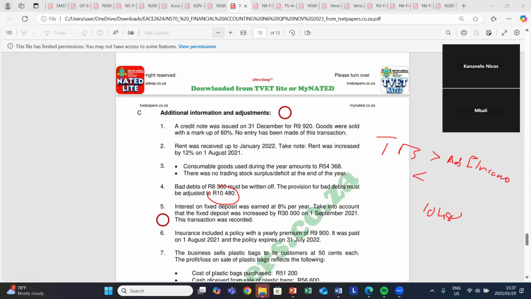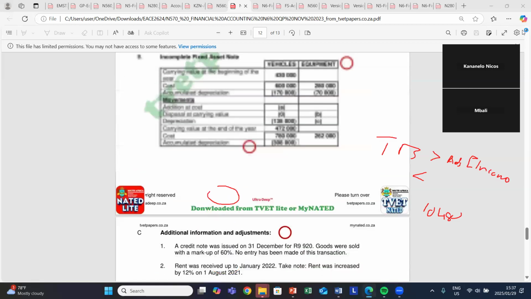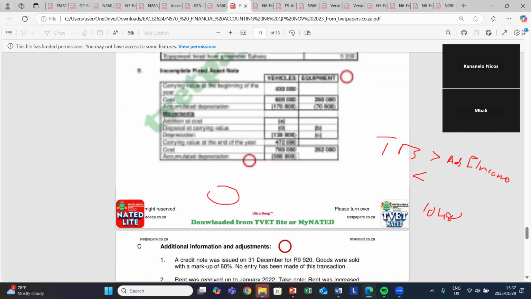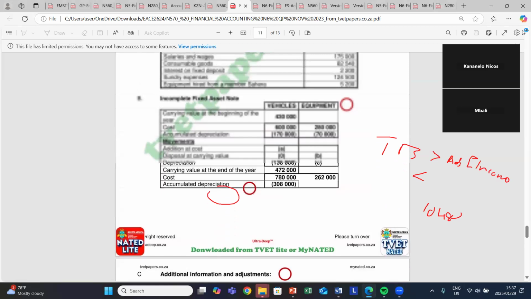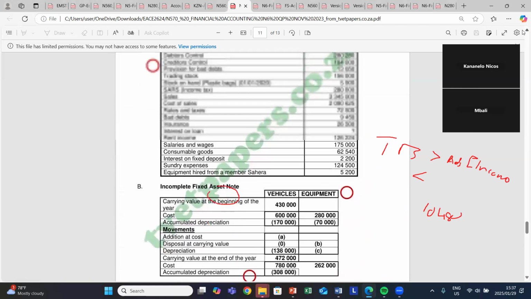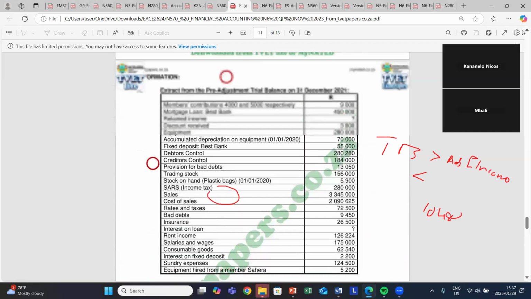So let's go check the one that appears in our trial balance. What was the one that appeared in our trial balance? It's 13,050.